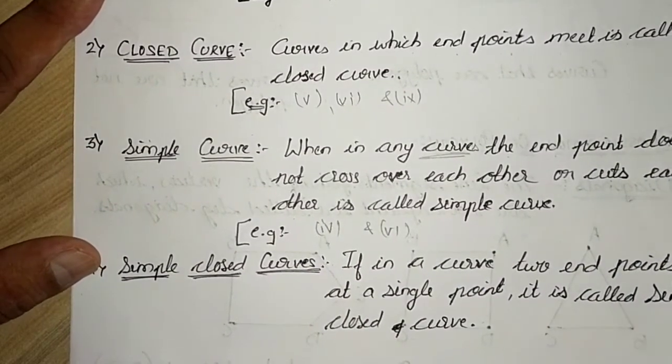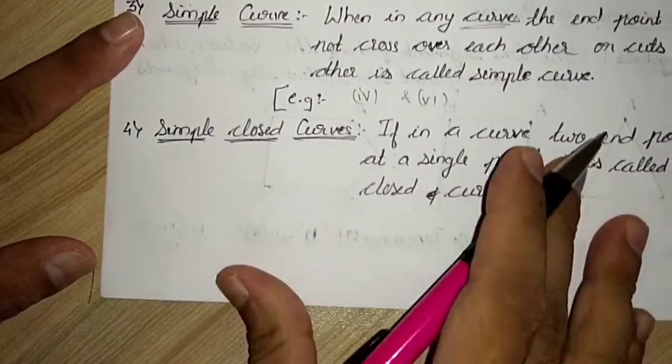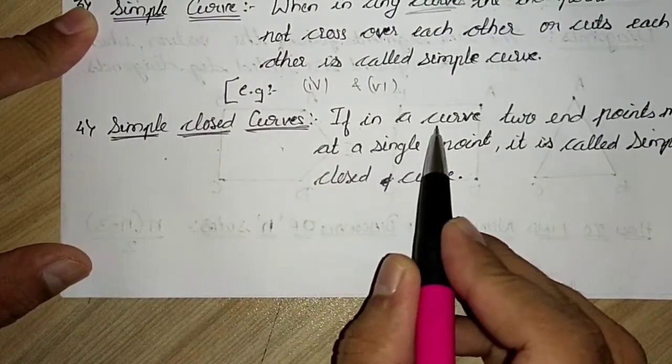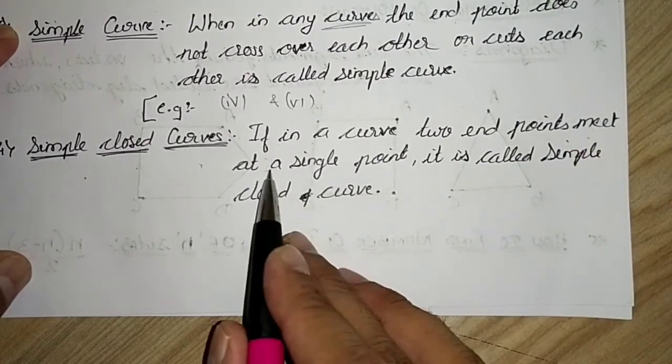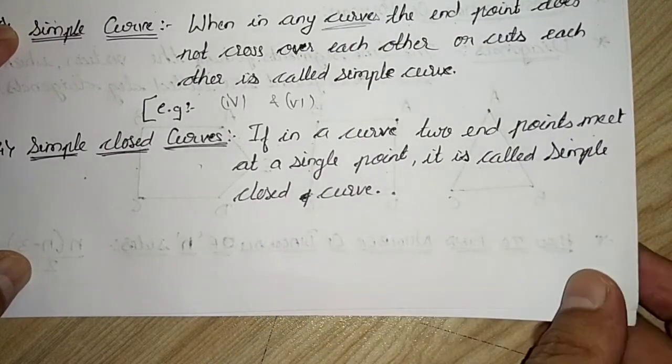Now simple curve, and now simple closed curve. If in a curve two endpoints meet at a single point, it is called a simple closed curve.